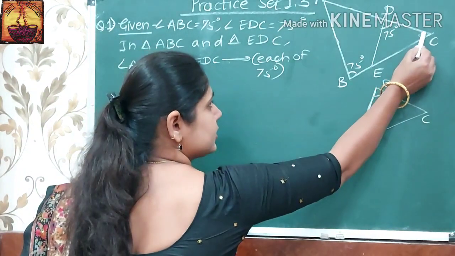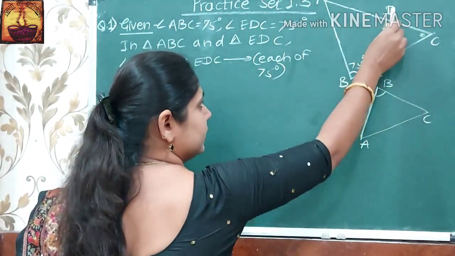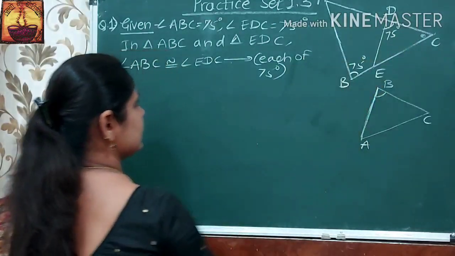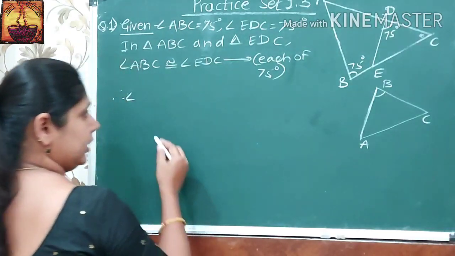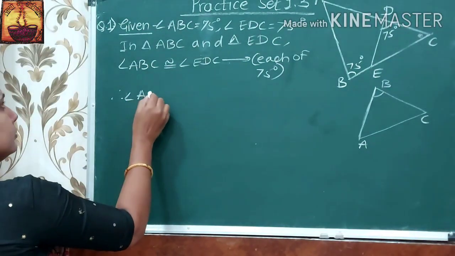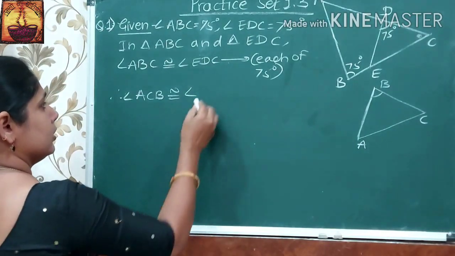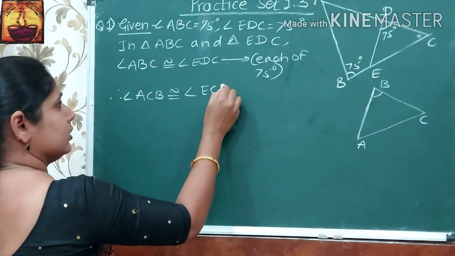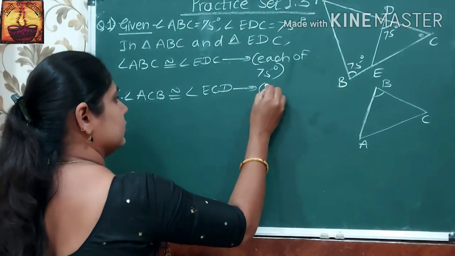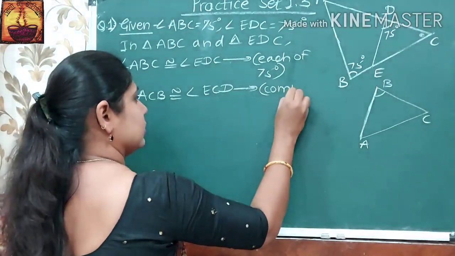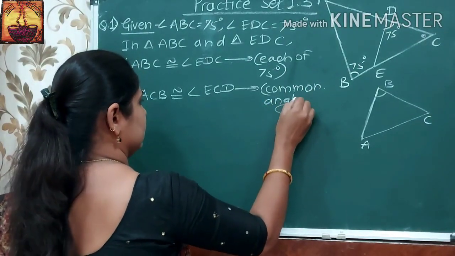Here angle C is common between triangle ABC and triangle EDC. Therefore write here angle ACB is congruent to angle ECD. Reason: common angle.